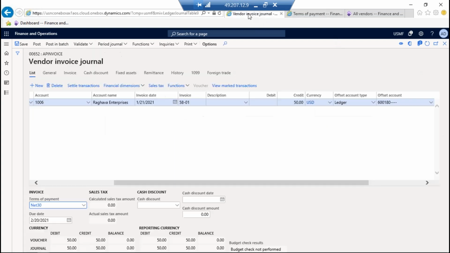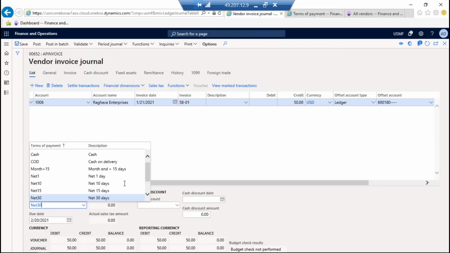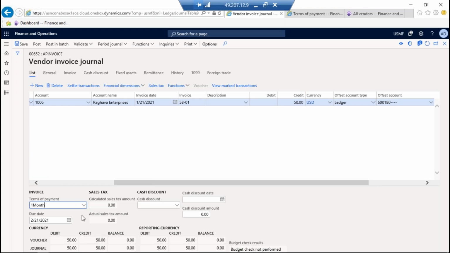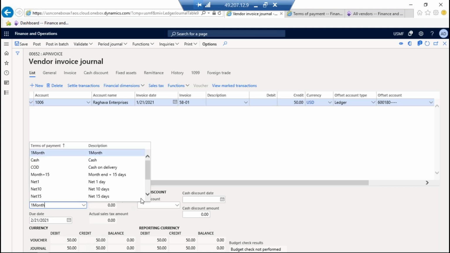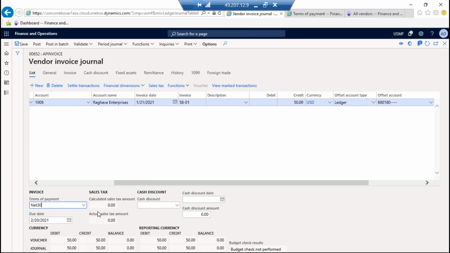Now if you verify, if you map 1 month, it is calculating 21st February because 1 month is 21st. But if it is 30 days, it is 20th. Understood? So due date will be calculated automatically.